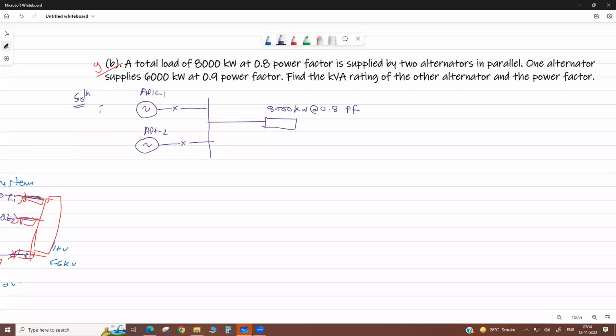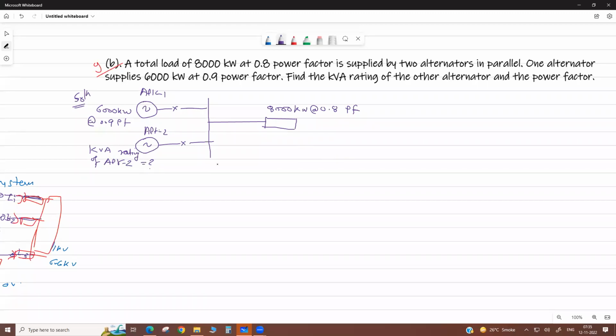It is here 6,000 kilowatt at 0.9 power factor. Now he is asking what is the kVA rating, not a kilowatt load. It is the kVA rating of this alternator 2.